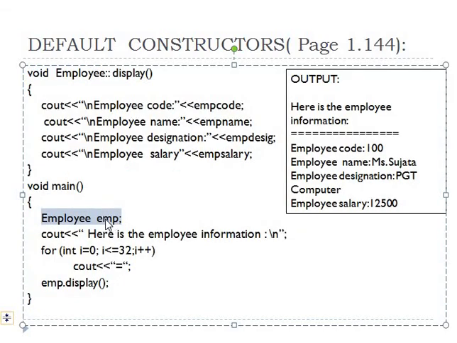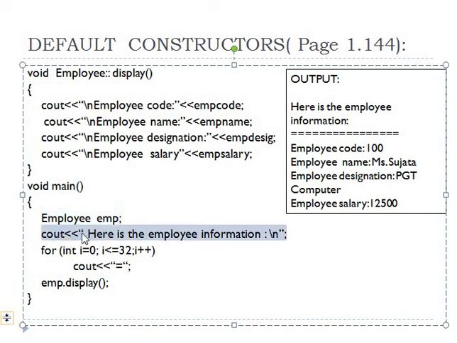So once this statement gets executed and the object emp gets created, the constructor shall be called automatically by the compiler, and then the initial values are assigned to the data members of the class.